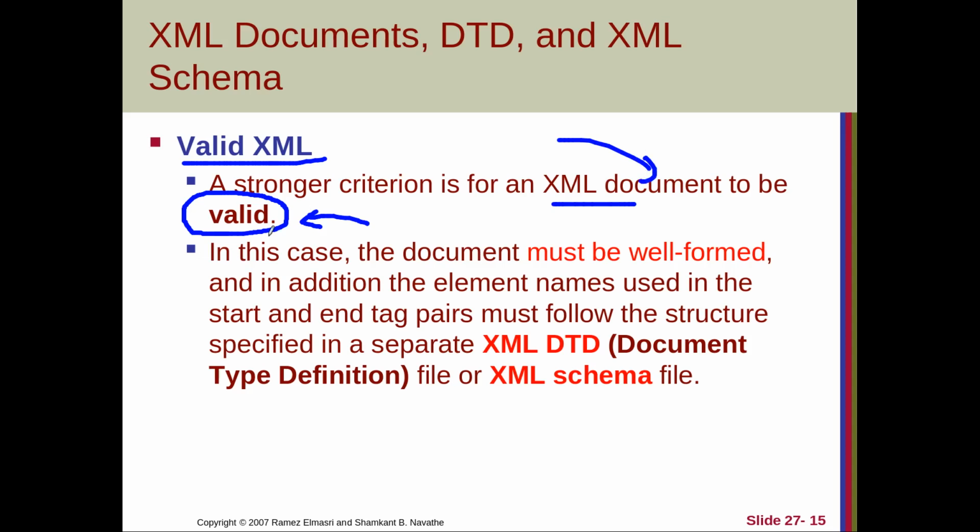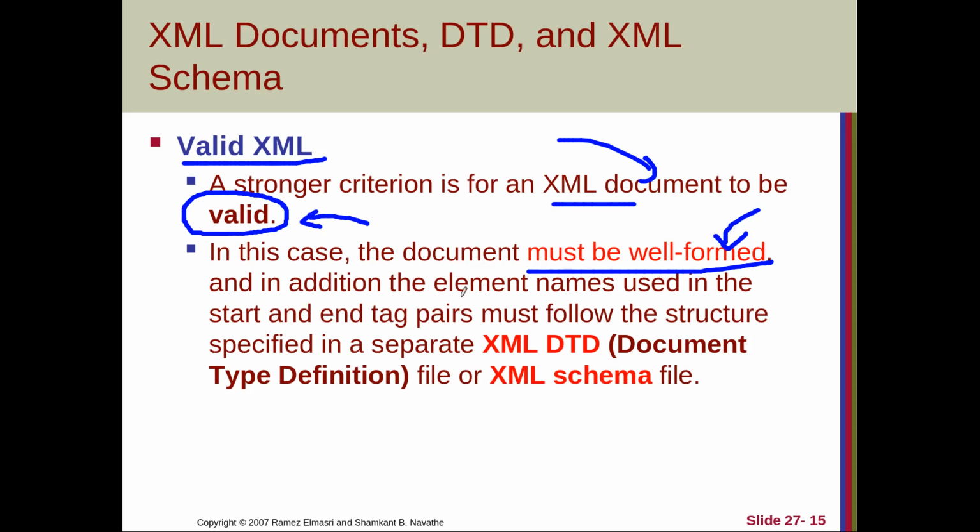So what are the conditions that are to be followed for making an XML document valid? First of all, the document must be well formed. That is, the first case must always be satisfied. It must start with an XML declaration, and it must follow all the syntactic format guidelines of the XML document.